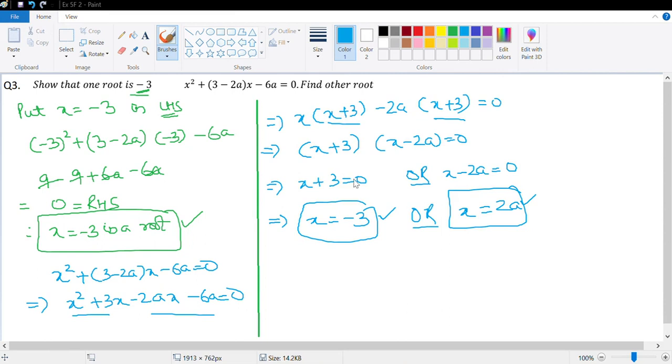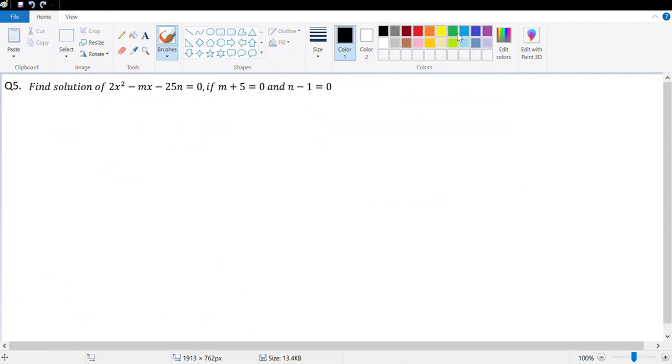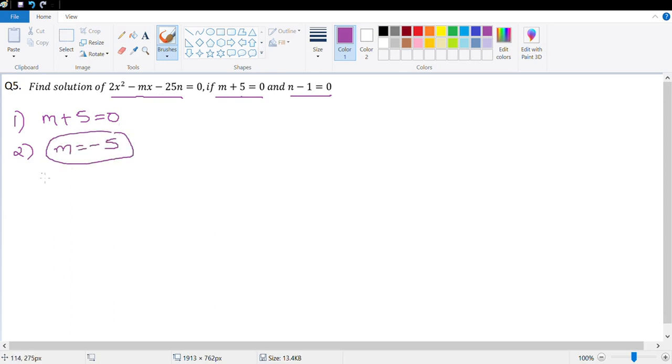Good. The next one that we do is question number 5. It says find solutions of 2x squared minus mx minus 25n is equal to 0 if m plus 5 is equal to 0 and n minus 1 is equal to 0. So m plus 5 is equal to 0. This gives us m is equal to negative 5. So we'll have to substitute it in the quadratic.